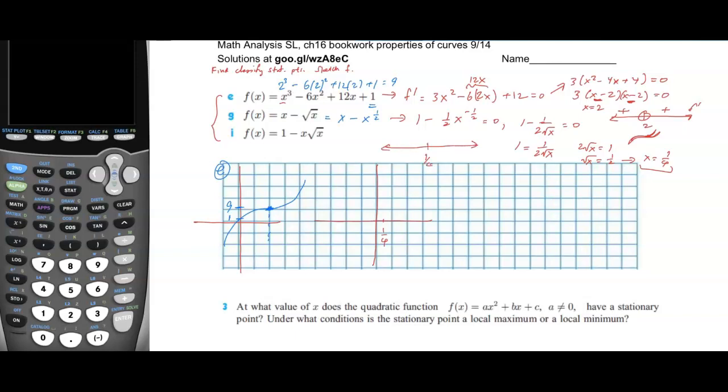So 1/4 is where there is a stationary point. To the right of 1/4, if we put in a big number here on the bottom, it's going to make this fraction very small, and so it would be positive.